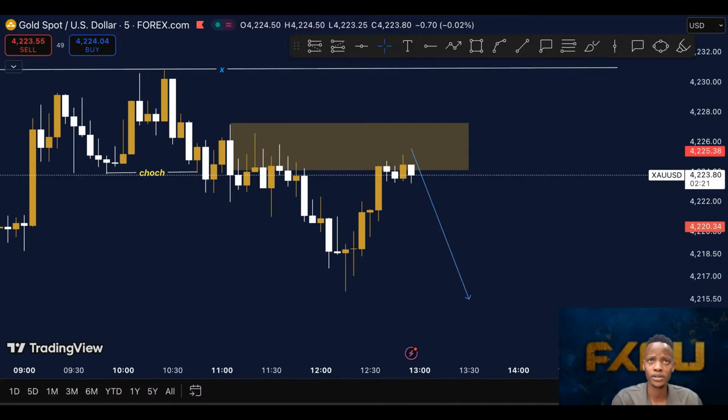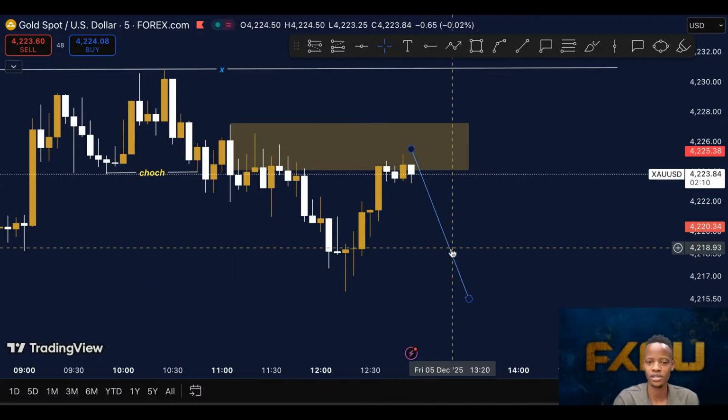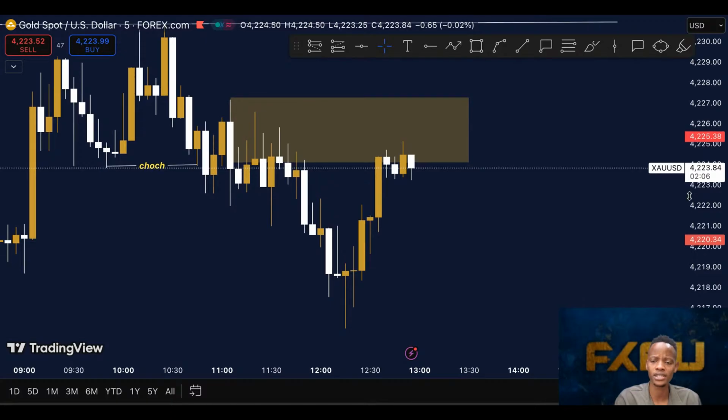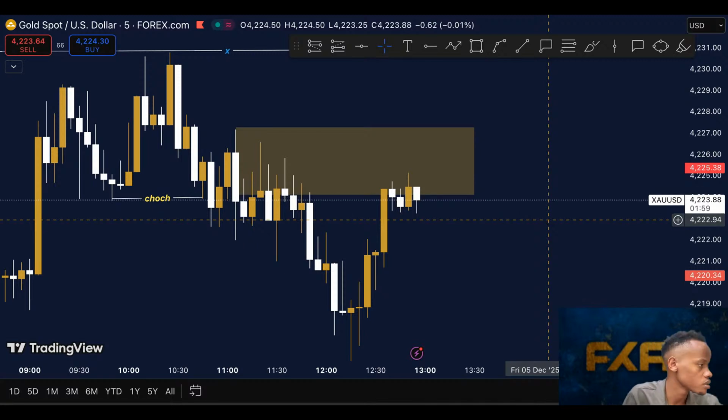I'm not telling you to go and risk your whole savings. You're going to lose. That's not how trading works. Trading is a business, just like any other business. First, study it, learn, and then earn. You can't just come into a business and earn.